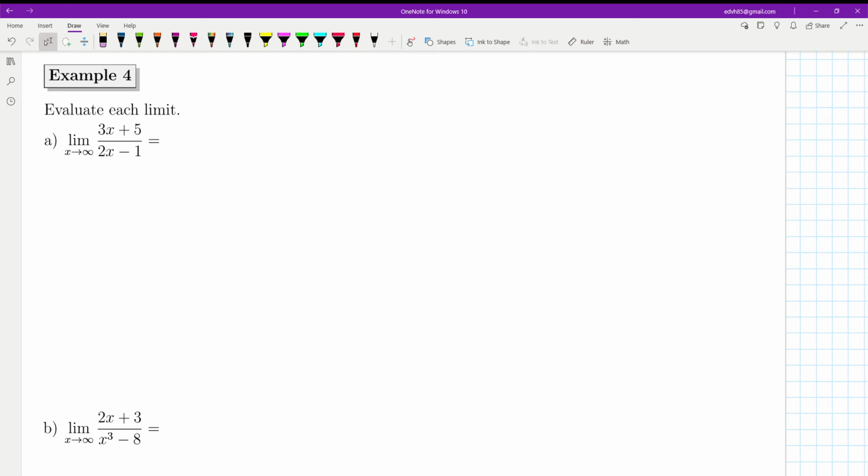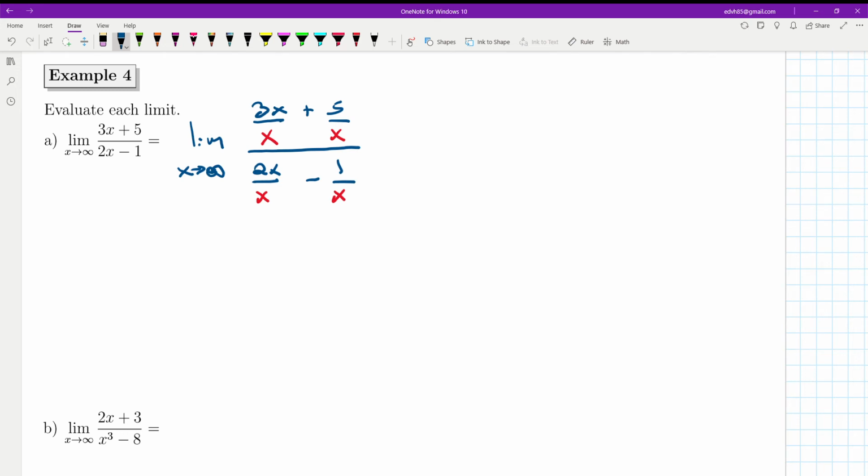In this case, the highest power of x is x to the first power. So we are going to divide all of this by x, the highest power of x present in the limit as x approaches infinity.